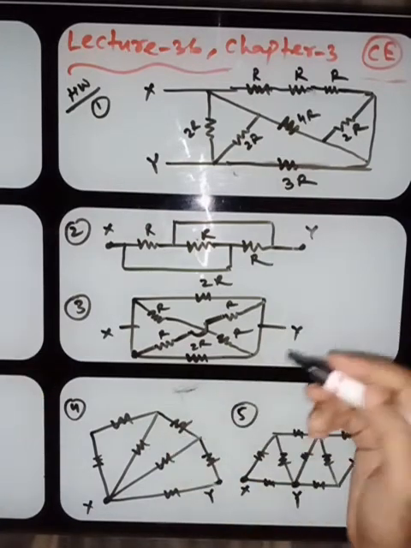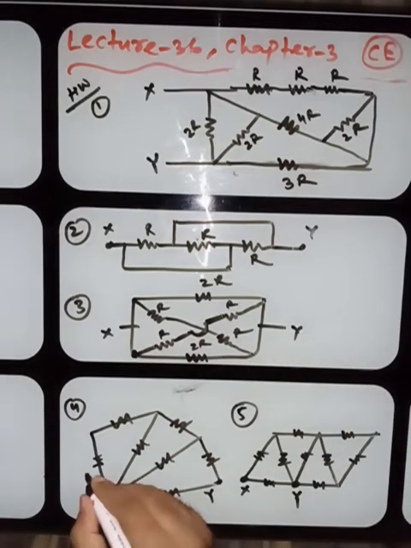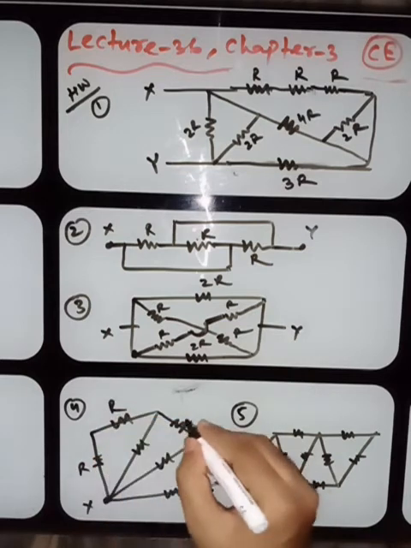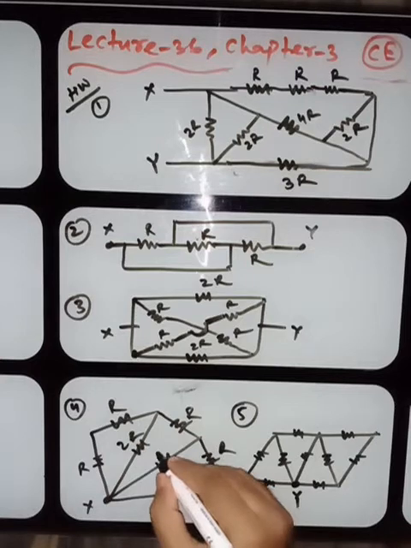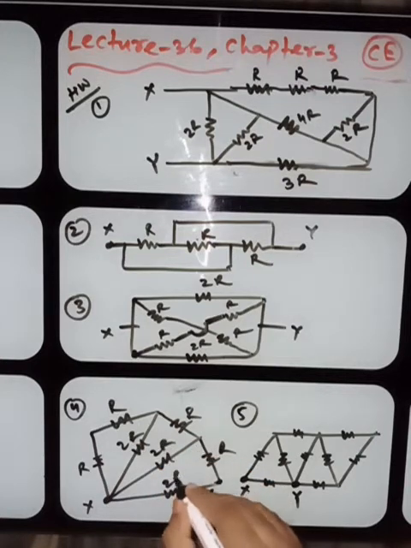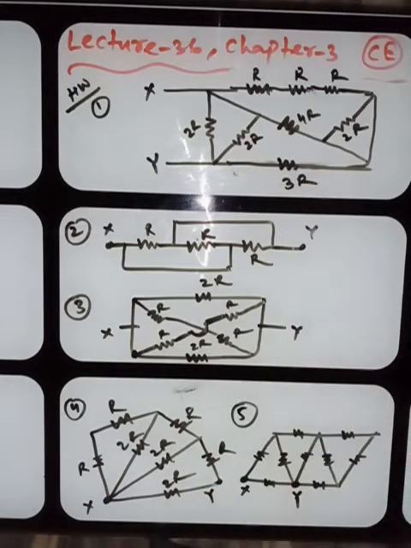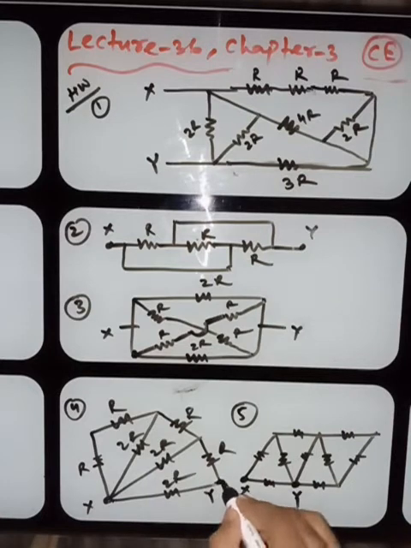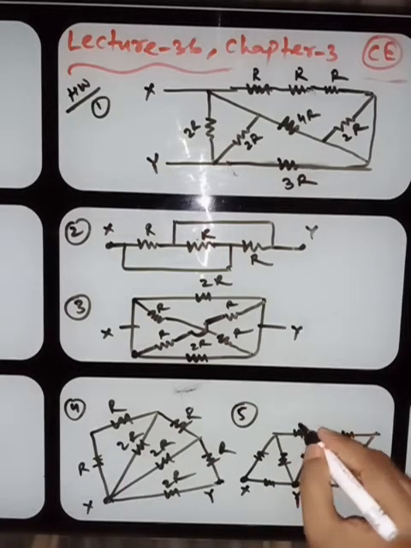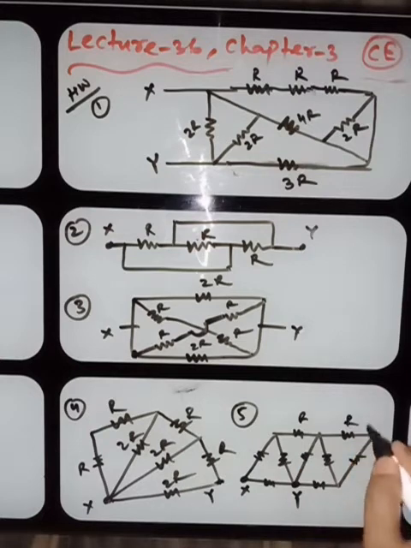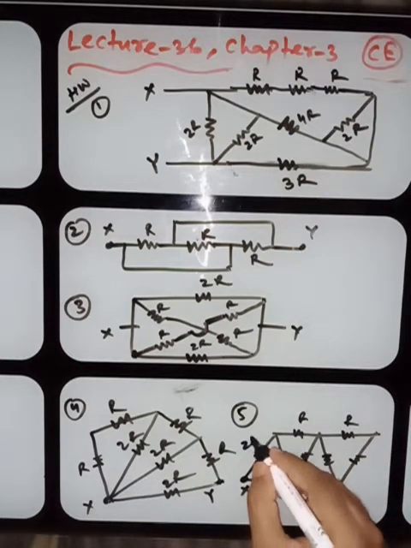Now in this question I'm giving you R, 2R. This is also 2R. Again, you have to find the equivalent resistance between X and Y. Now the fifth question here. Suppose this is R. This is R. 2R.